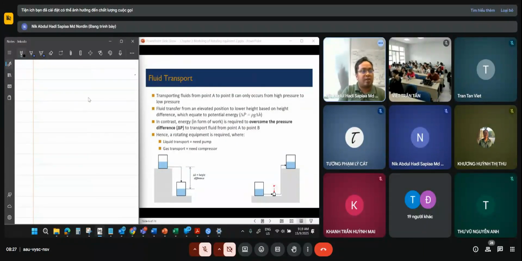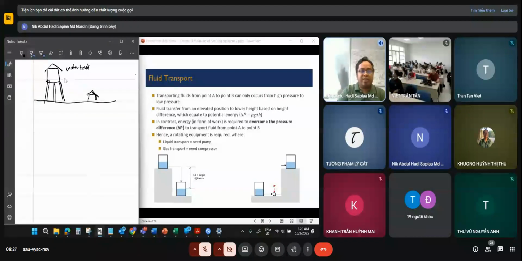If you recall, for fluid transport, normally for any residential area, we would have a water tank at an elevated position, and we have a house here.